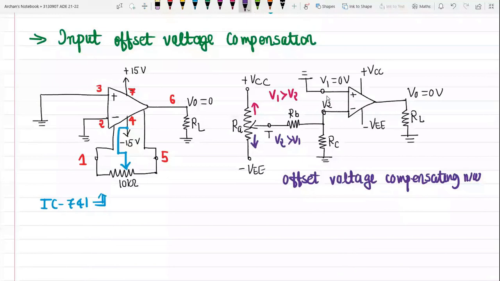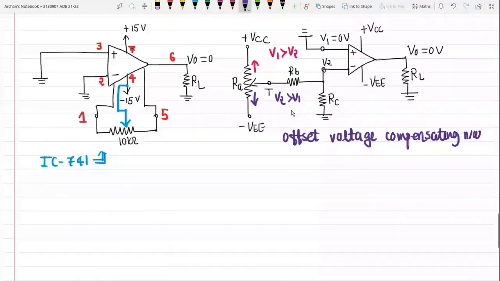The design of such a network can be obtained from Thevenin's equivalent, looking back into the resistance RA from this point T. The maximum Thevenin's equivalent resistance will occur when the wiper is at the center position of the potentiometer. We may call it R max, and R max is nothing but RA by 2 parallel RA by 2, which is RA divided by 4.